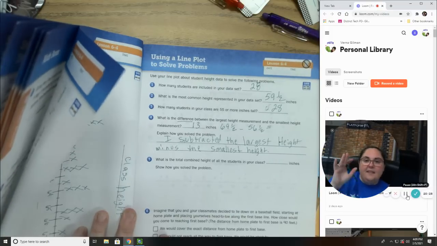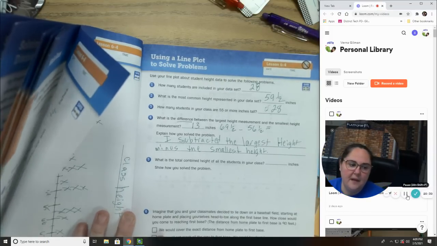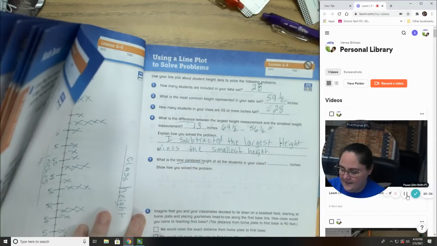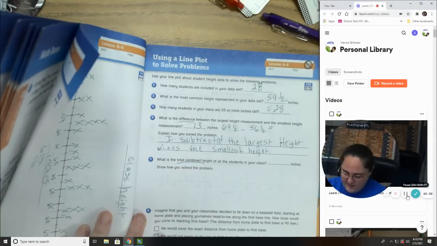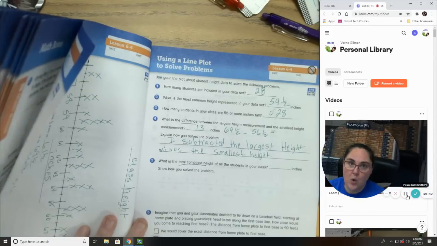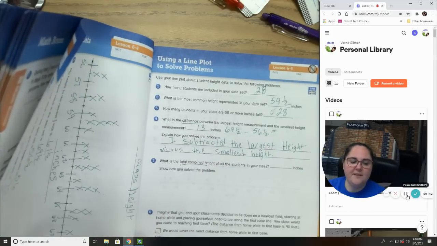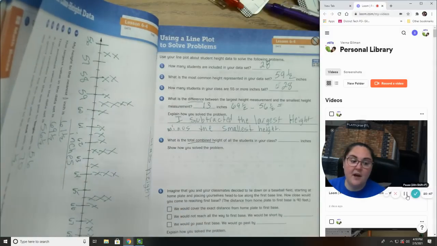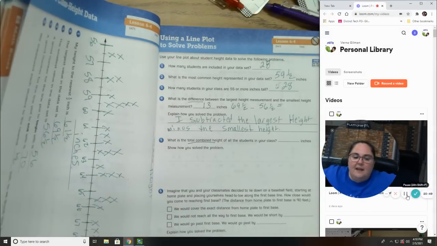All right, this is where it gets tricky. What is the total combined height of all the students in your class? Basically, what this question is telling you to do, and it tells you in number 6, is you're going to imagine that all the kids lie down.